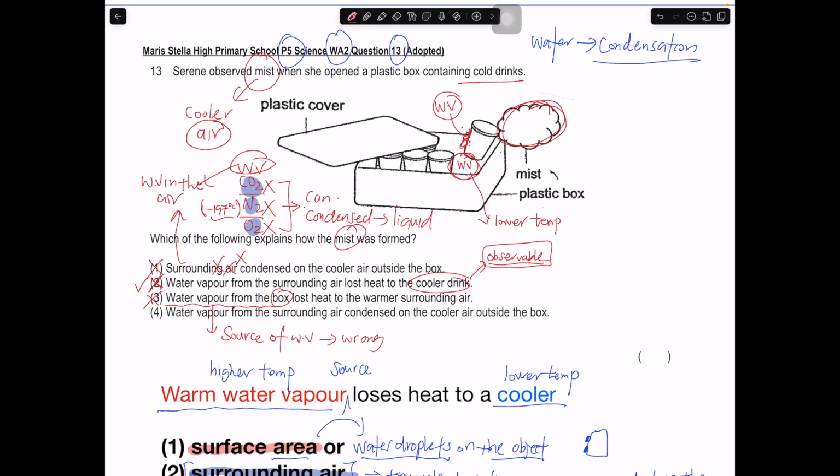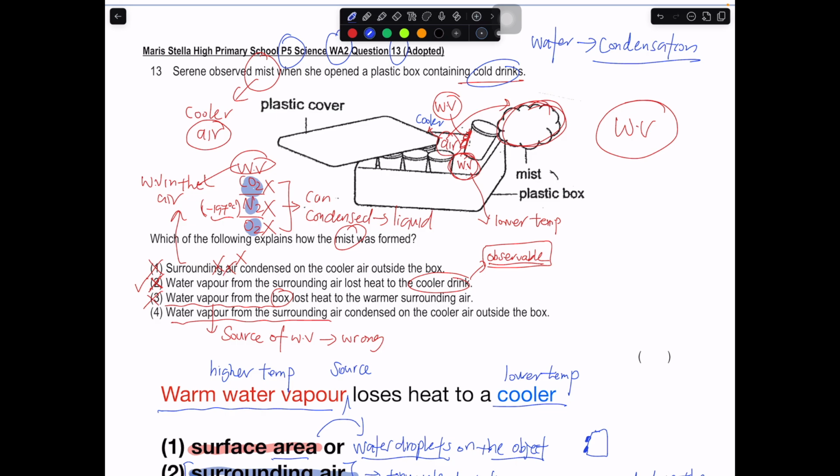So let's start with the last part. The last part must indeed be correct. Water vapor from the surrounding air, outside the box, condenses on the cooler air outside the box. When you open up the box, the air inside starts to escape, and the air escaping out of the box is actually much cooler, because the box contains a cold drink.